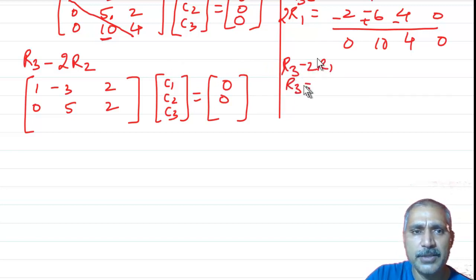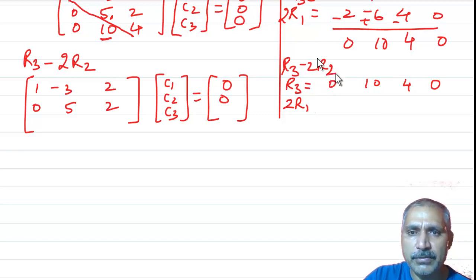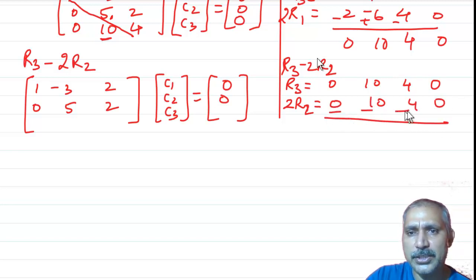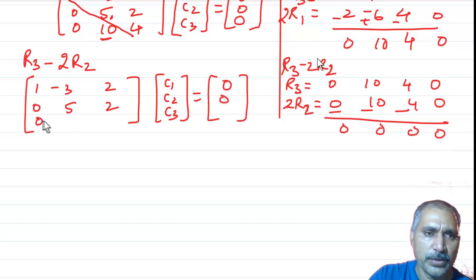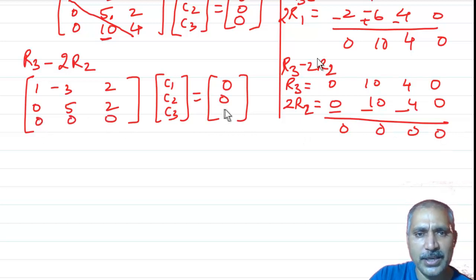R3 elements are 0, 10, 4, 0. 2 times R2 will be 0, 10, 4 and 0. We will subtract and the sign will change. 0 minus 0 is 0, 10 minus 10 is 0, 4 minus 4 is 0 and 0 minus 0 is 0. So we got 0, 0, 0 and 0.